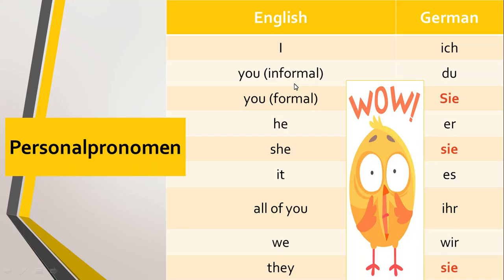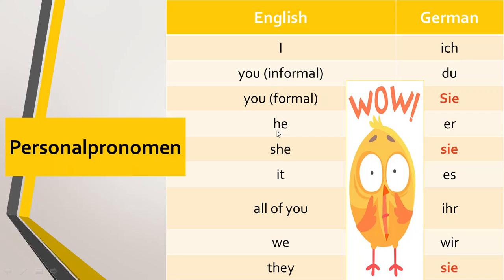To begin with, we have I, which is ich, and note that in German, any word that ends with ch has the sh sound. So it's not ich, it is ish.